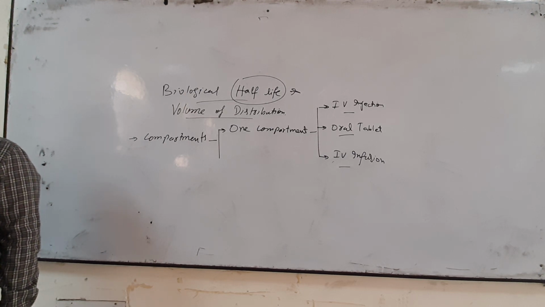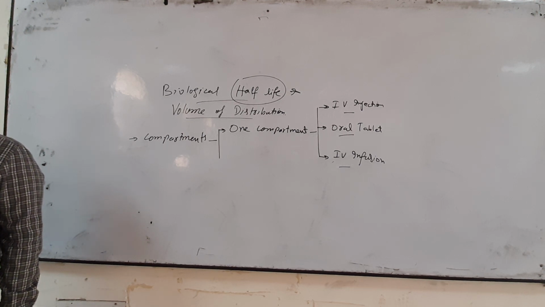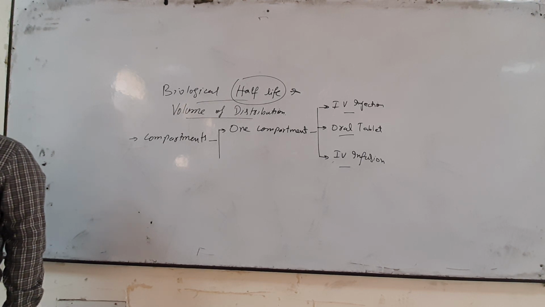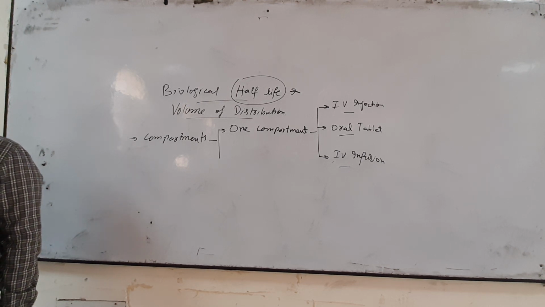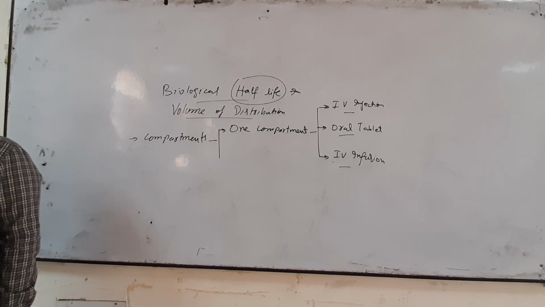It's elimination half-life. If we discuss the absorption half-life, then we will say it's the time at which half of the drug is absorbed. Absorb means drug coming from the GI system toward the circulatory system, systemic circulation.